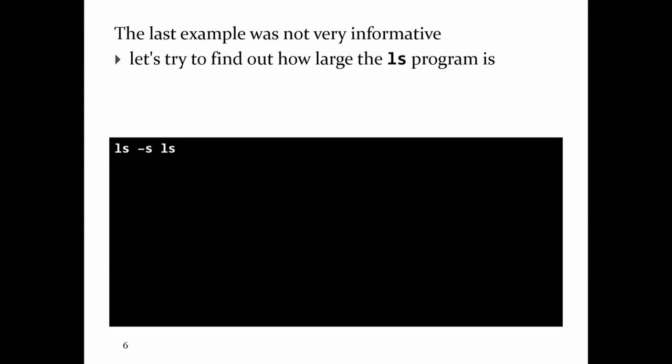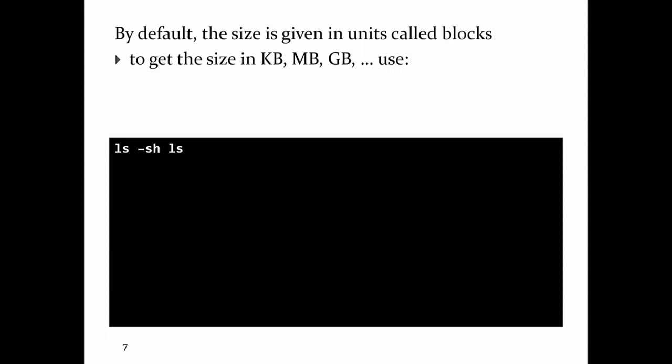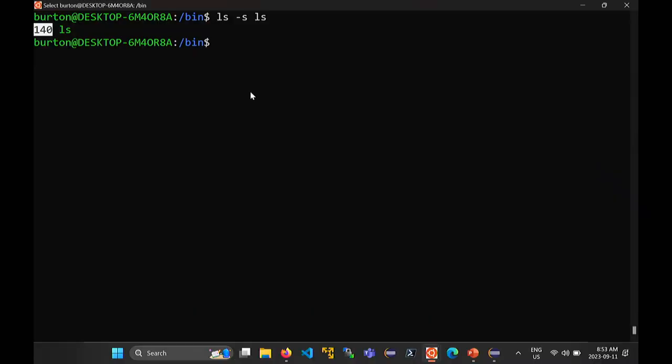It's not in kilobytes or bytes or something human readable. If you want something human readable, you can ask ls to print the information in human readable form. That's what the h is for. So ls -sh ls prints out the size of the file in a human readable format, and now you can see it's 140 kilobytes. That's what the K means here.